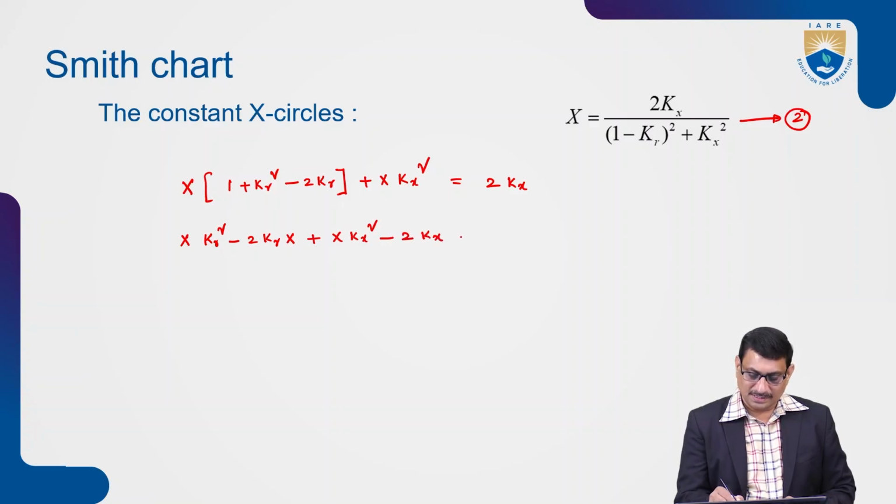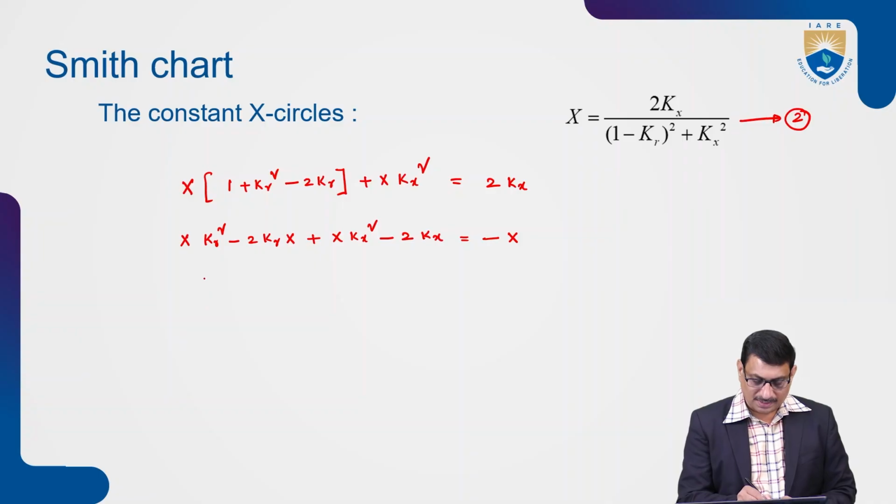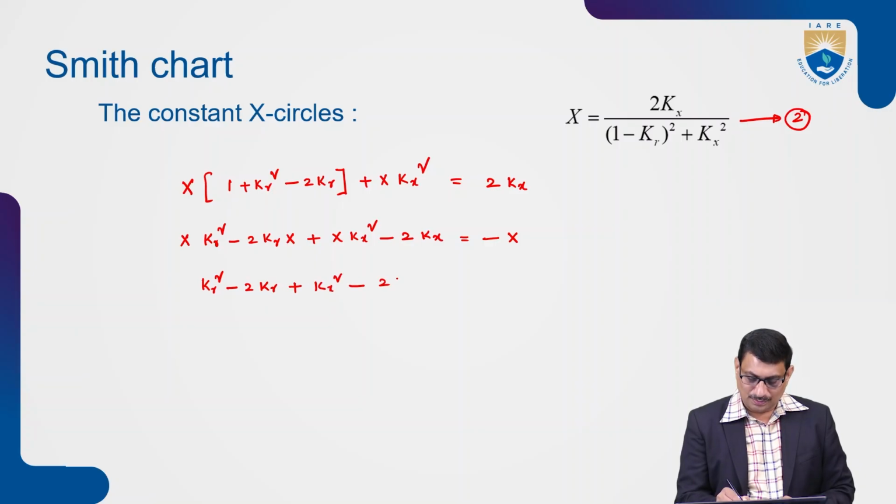Here there is a plus x, which I am sending onto the other side, that is minus x. Or if I divide with x on both sides of this equation, I may get kr square minus 2kr plus kx square minus 2kx by x equal to minus 1.